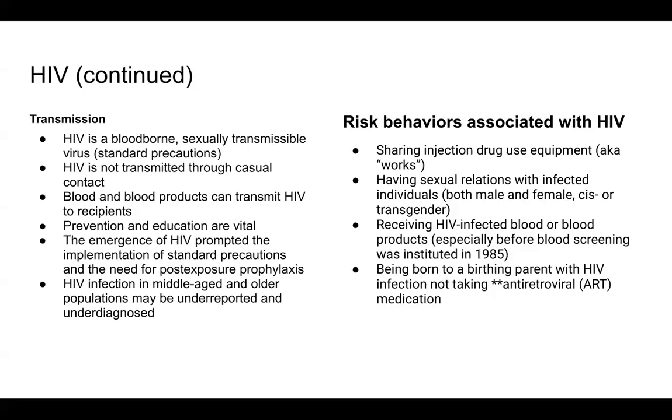Or being born to a birthing parent with HIV who is not taking antiretroviral medication. These medications are called ART medications, and they work by stopping HIV from making copies of itself. We kind of talked about that when we were talking about genetics, right?